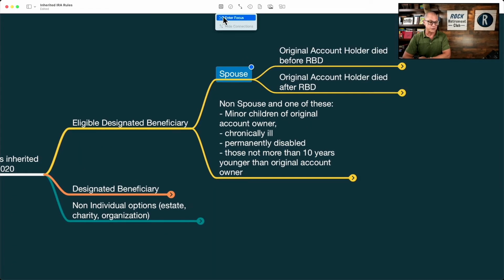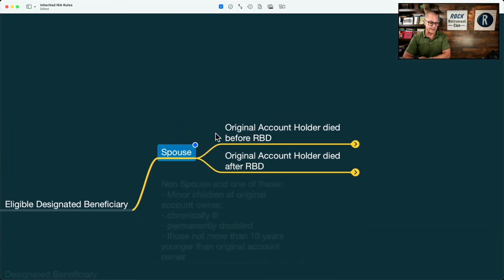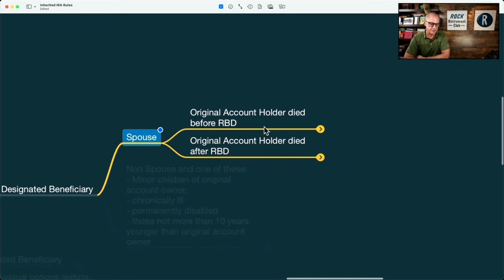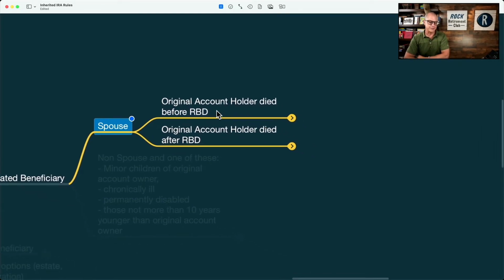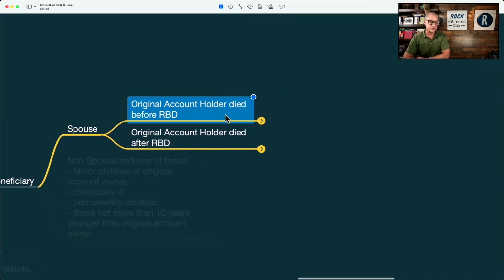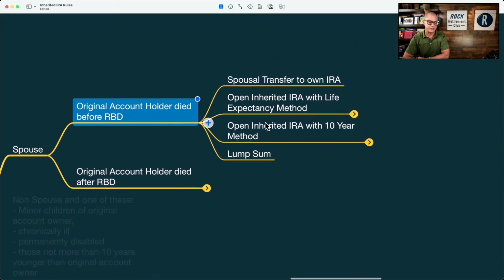For a spouse, once we know who the beneficiary is, now we need to understand whether required minimum distributions have started or not to determine what rules apply to a spouse and what options they have. So assuming that the original account owner, the deceased spouse in this instance, passed away before their required beginning date, the spouse has the following options.